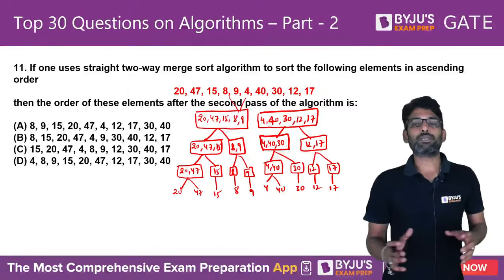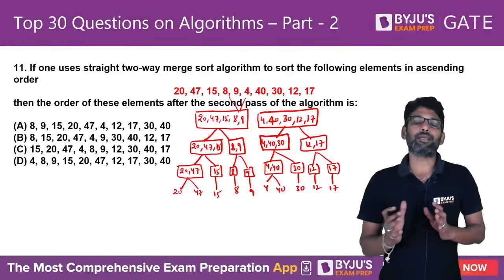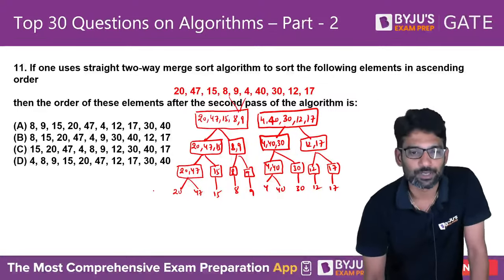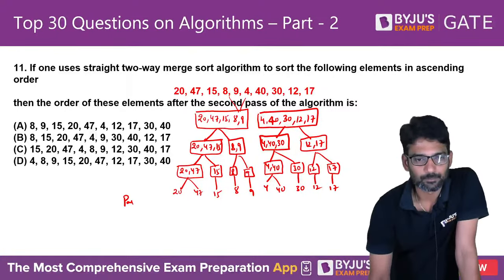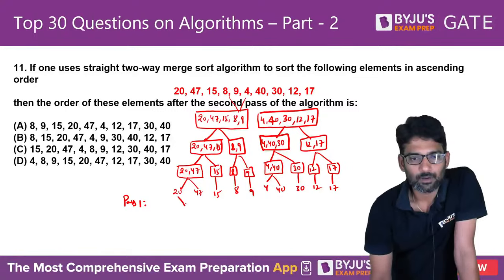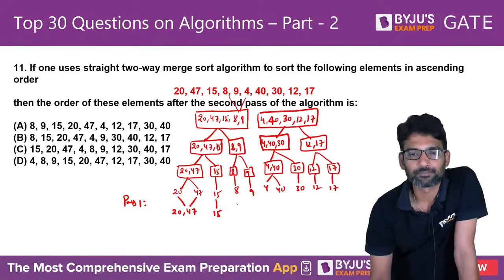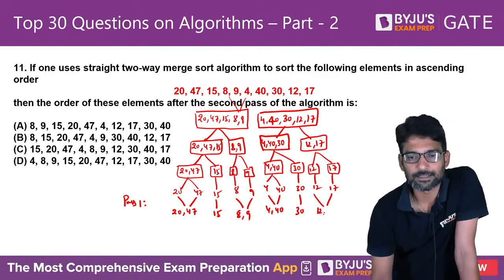Now merge sort, conquer by arranging in the order. So in pass 1, how you divide? They are only arranged. So 20, 47, 15 would remain same, 8 and 9, 4 and 40, 30 remain same, 12 and 17.